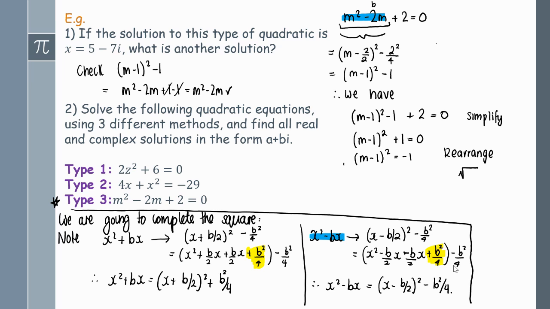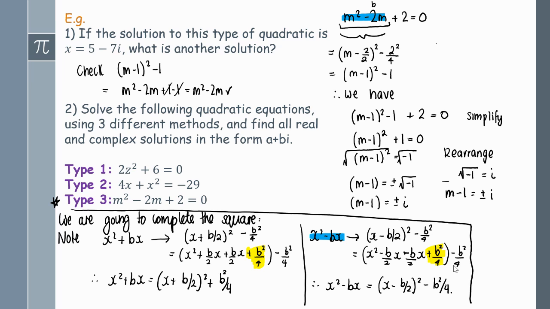This is nice because I can take the square root of both sides. On the left-hand side, the square root will undo the square, so I'll get m minus 1 equals, and on the right-hand side, remember, it'll be plus or minus the square root of minus 1. We know the square root of negative 1 is i, so we're going to replace that in there. So I'll have m minus 1 equals plus or minus i.